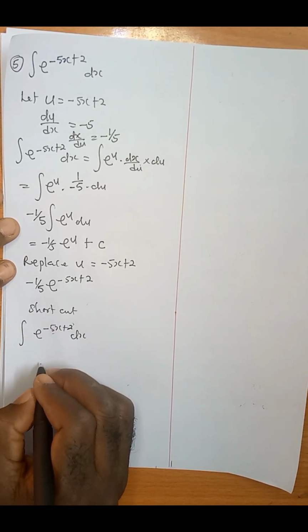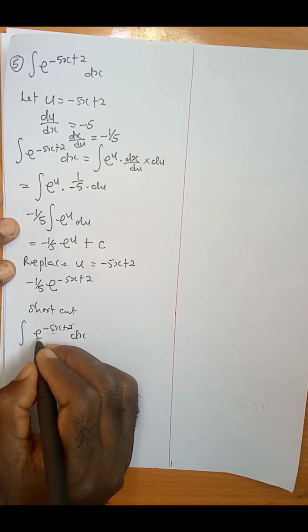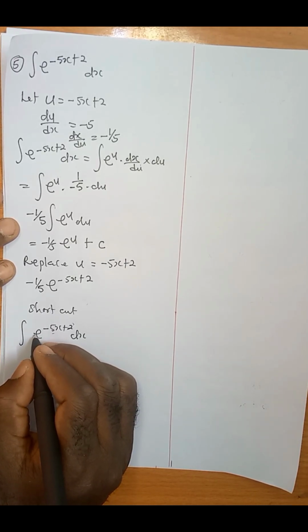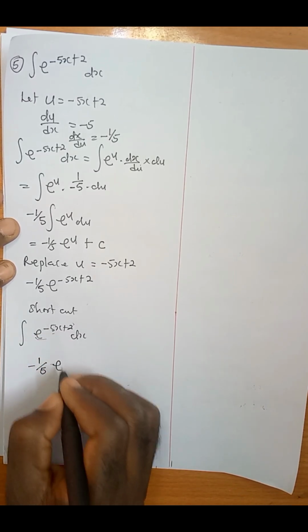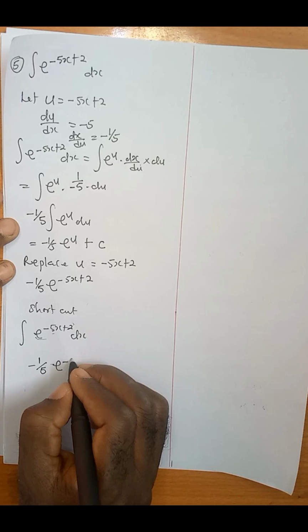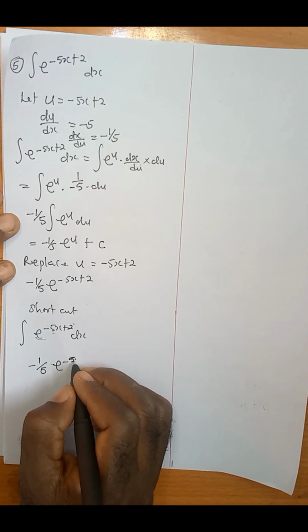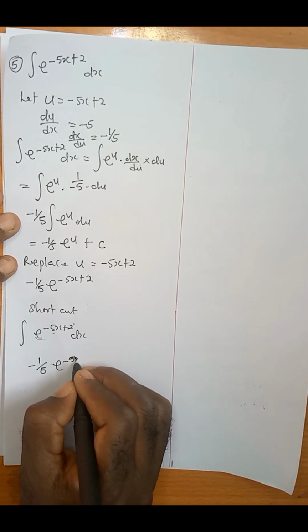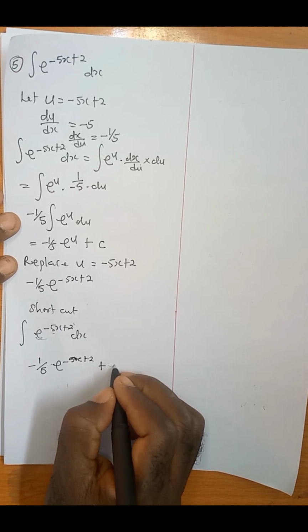Then we use it to divide the integral of exponent. The integral of exponent is still its value back, which is equal to exponent raised to power minus 5x plus 2. Then we introduce our constant.